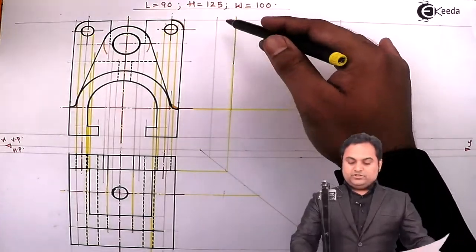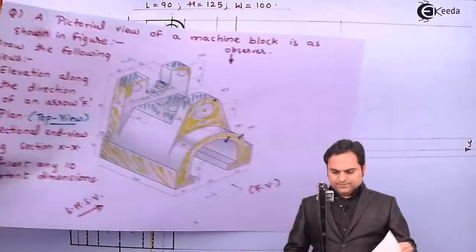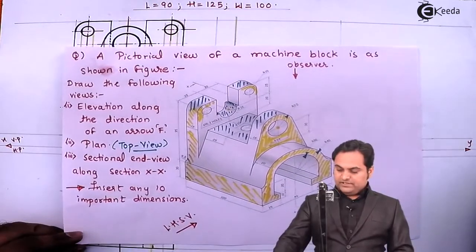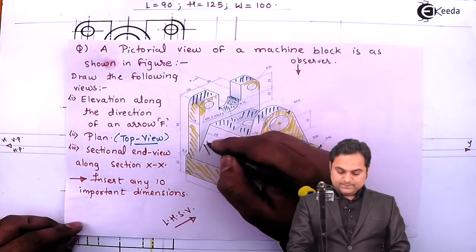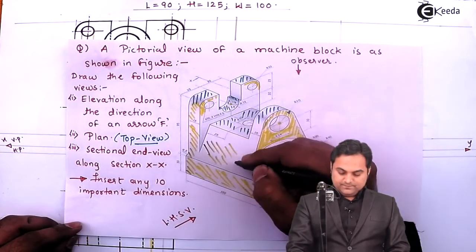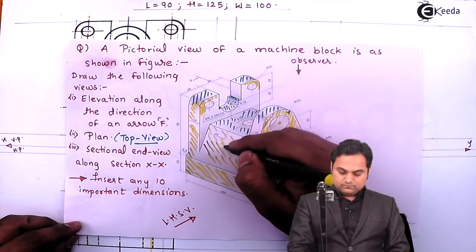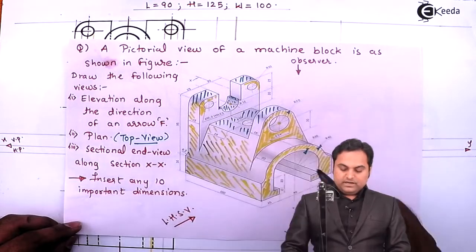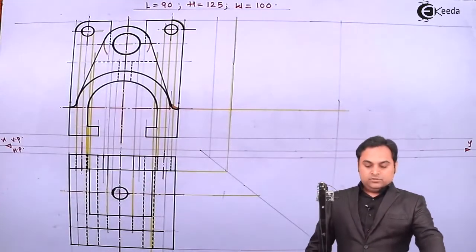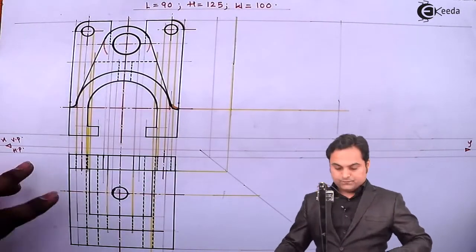Next, after drawing this vertical rectangle, when I'm looking from the side, this surface is also visible. Height, I'll get it from the front view.